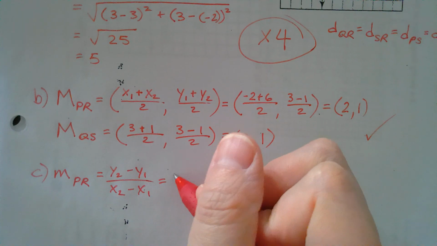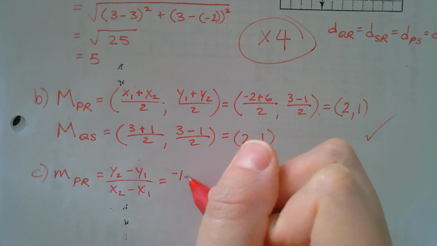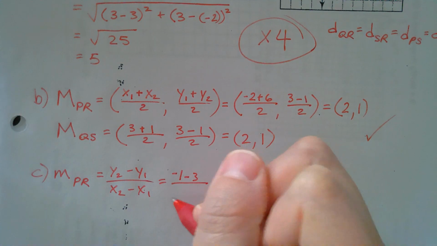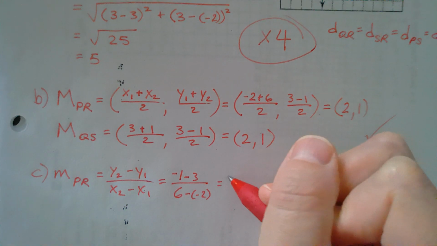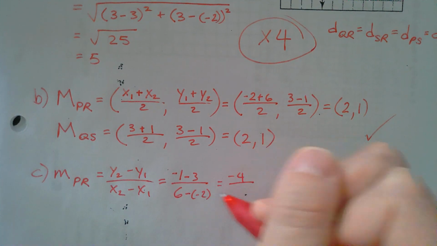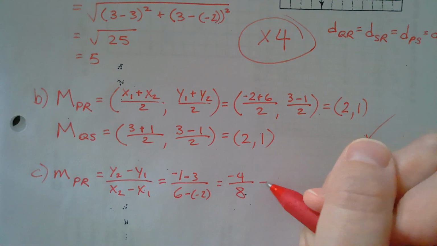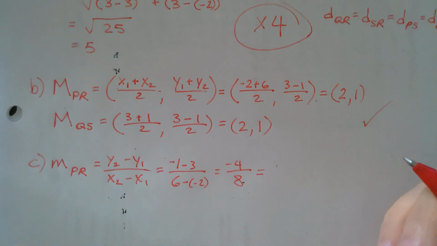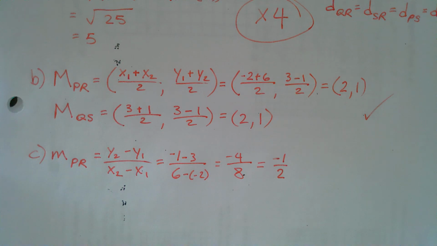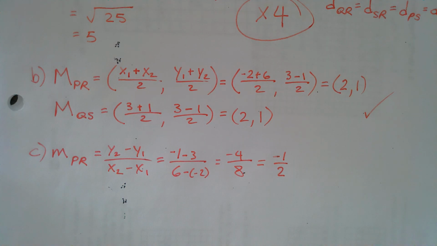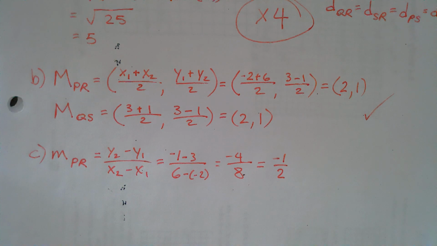We did this. -1 minus 3 over 6 minus -2. So I get -4 over 8. And what is -4 over 8? -1 over 2. You have to find the negative.